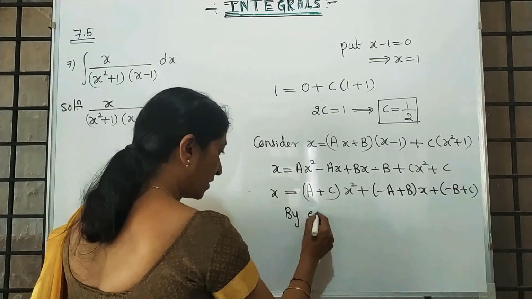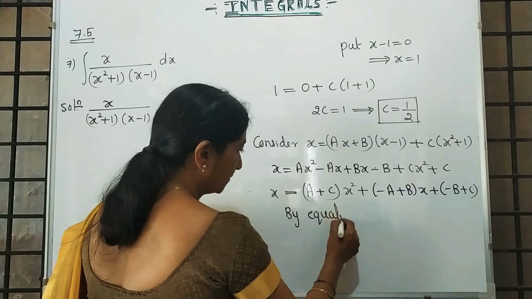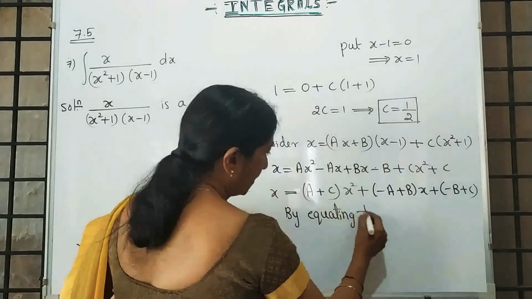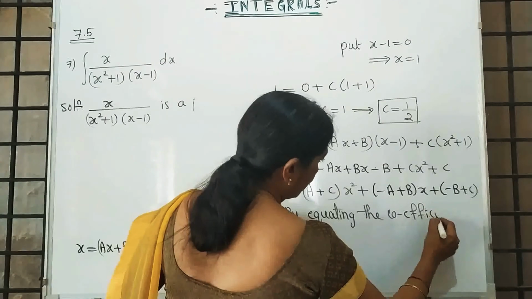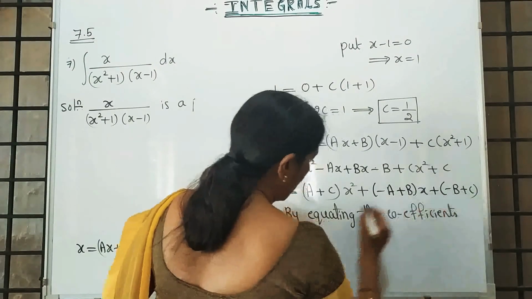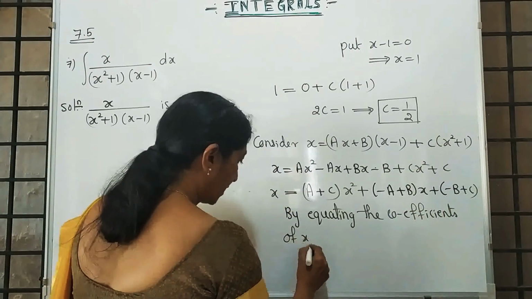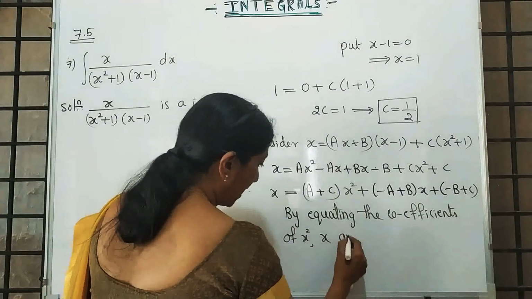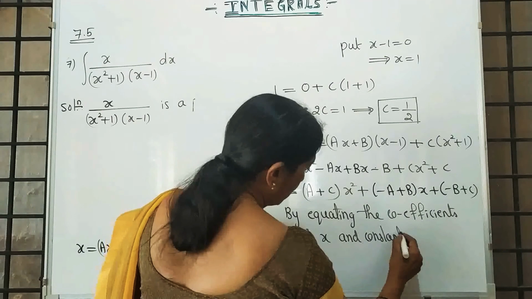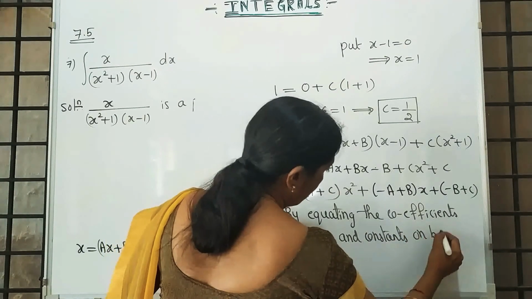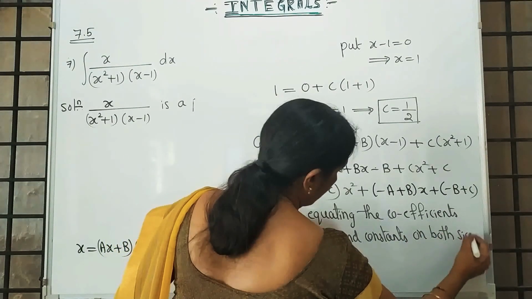By equating the coefficients of x square, x and constants on both sides.